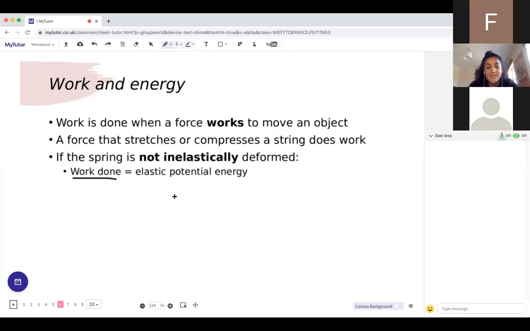Now, elastic potential energy is what we have in springs, in bungee cords, in elastic bands. We have forms of elastic potential energy. And for an elastic spring, work done equals elastic potential energy.